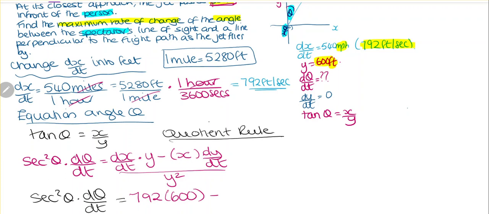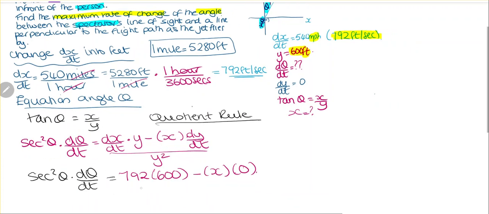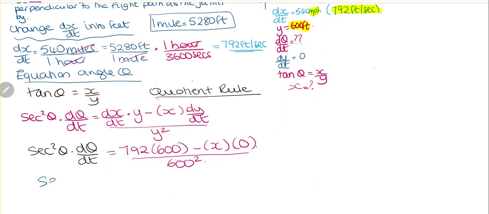Now we don't know x, but our change in height is 0. So when we multiply them, x is gone, so this is going to be 600 squared. So secant squared theta d theta by dt, if we simplify, is 33 over 25, which is 1.32.